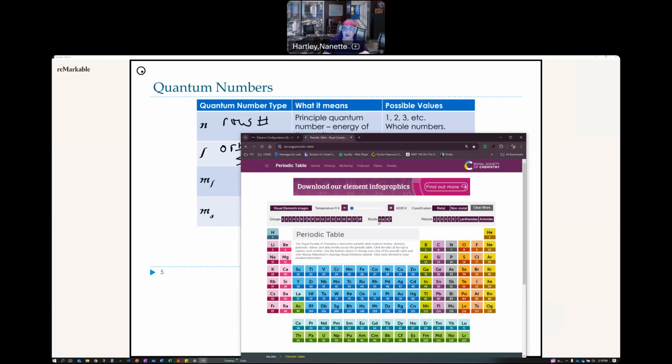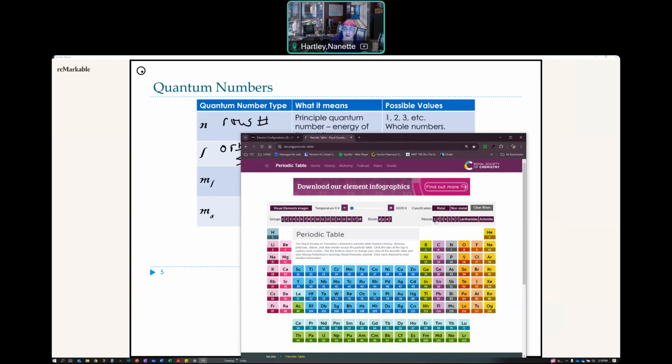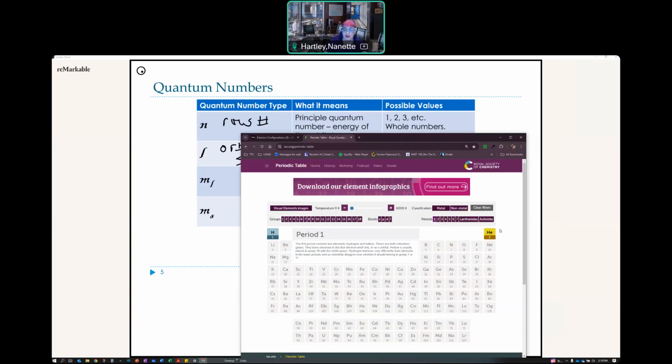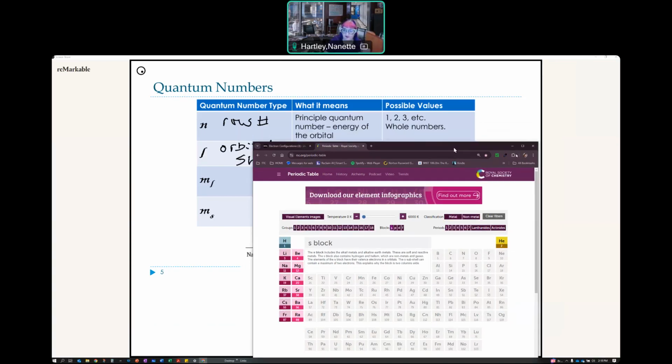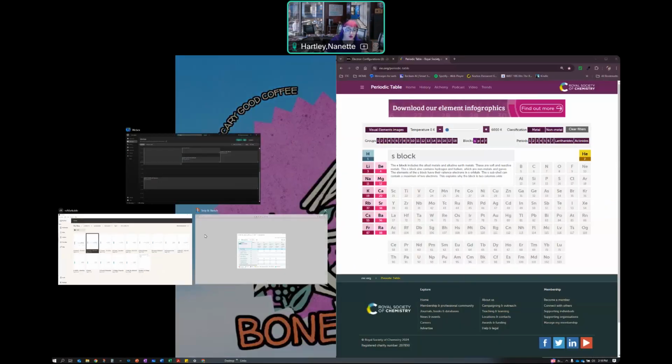Notice that. So this guy over here is an S. So row 1 only has an S type. I'm going to pull this over here so we can talk about them together.